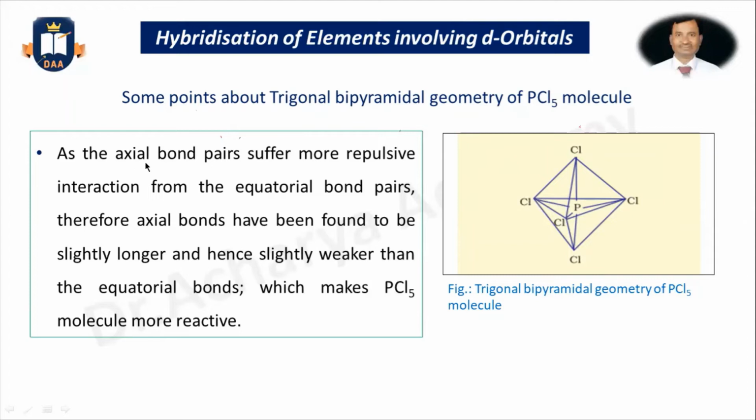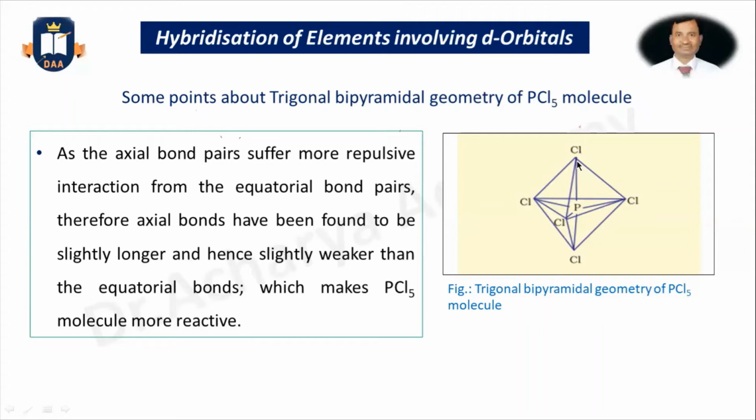So as the axial bond pairs suffer more repulsive interaction from the equatorial bond pairs, the axial bonds have been found to be slightly longer, elongated, because repulsion is there.